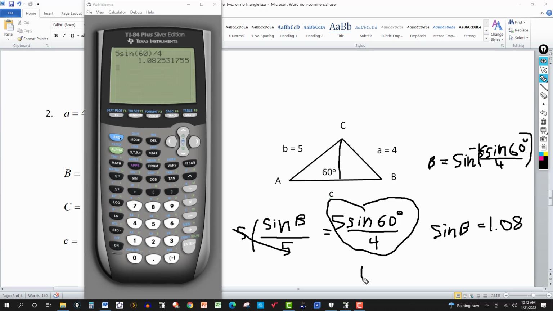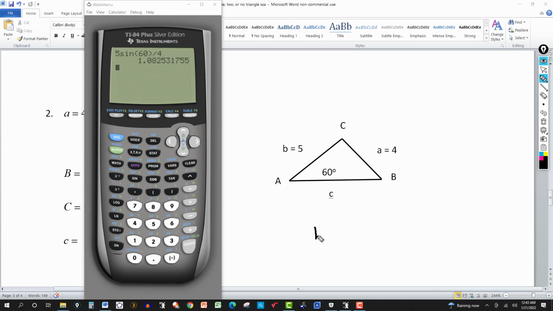So this one has no triangle. No triangle possible, or no solution. Or 0 triangles. Okay, another way to say it.